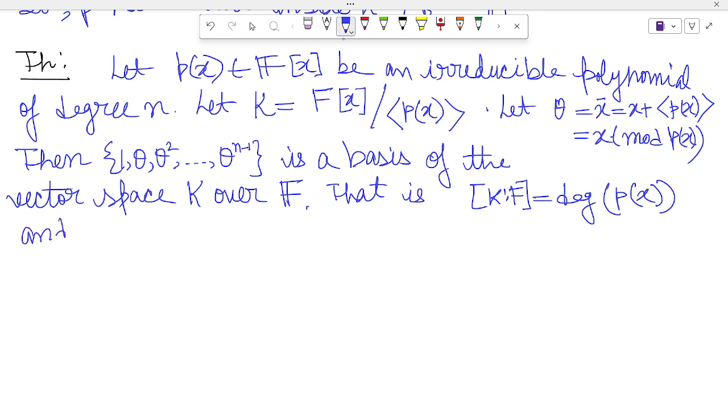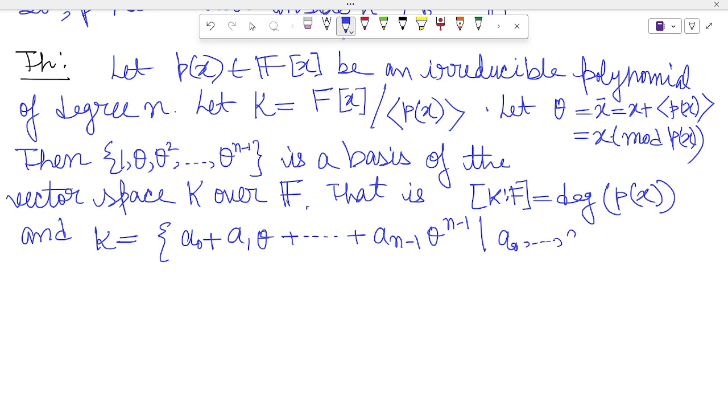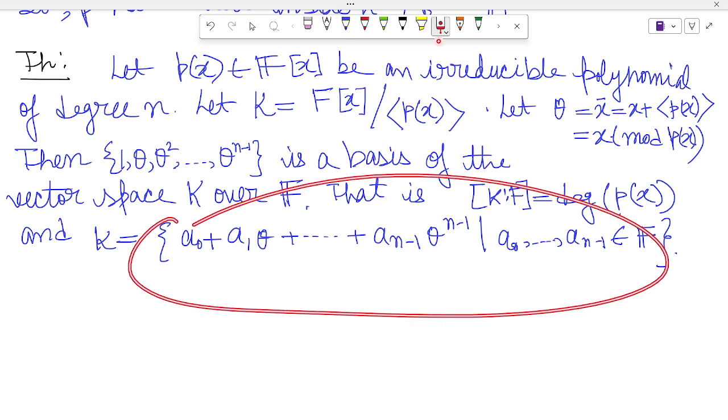and what is K then? K will exactly look like the linear combinations of the basis elements. So it will be all elements of the form a0 plus a1 theta up to a(n minus 1) theta to the n minus 1, such that all the a_i belong to F. Okay, see, that line is trivial from this.